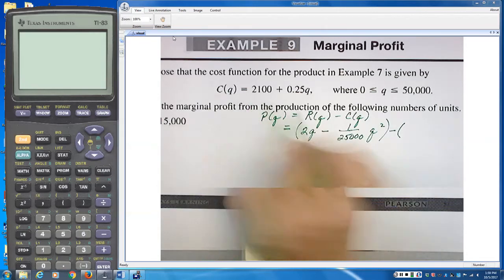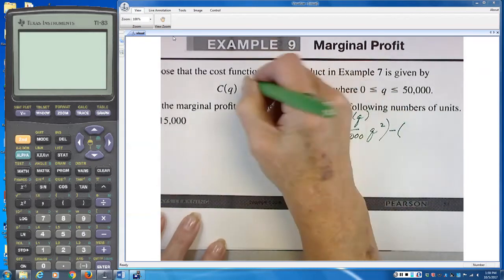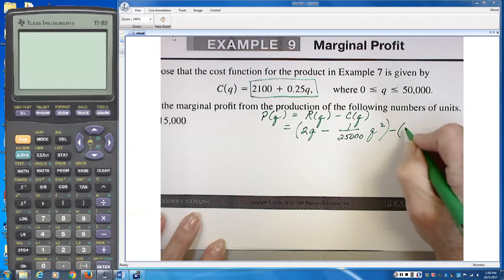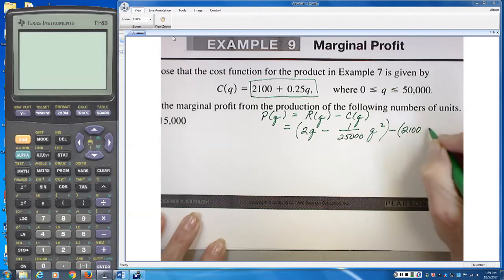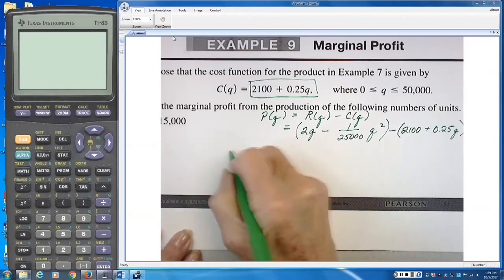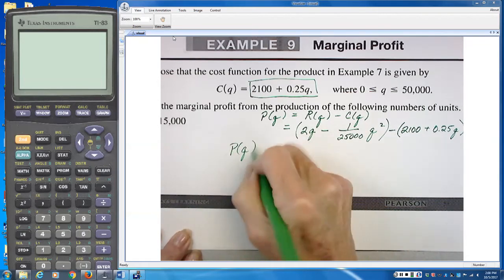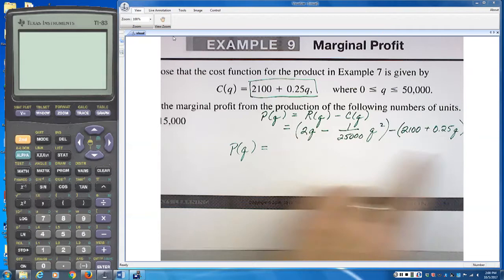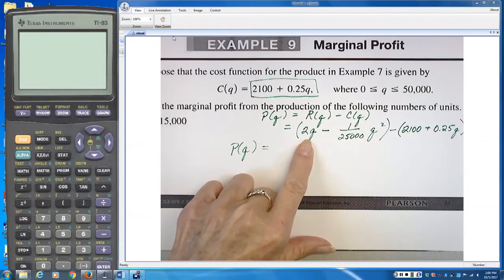So our cost, which is given here in this part of the function, is 2100 plus 0.25Q. That means our profit for Q units is, we're going to have to simplify this algebraically because that's going to be a mess if we don't.